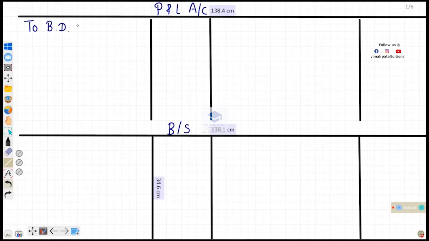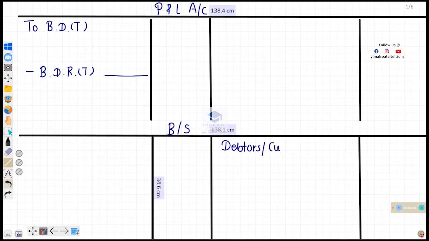So bad debts of trial balance will be written here, and bad debt reserve given in trial balance will be subtracted. Now, in your trial balance, you will be given debtors or customers.